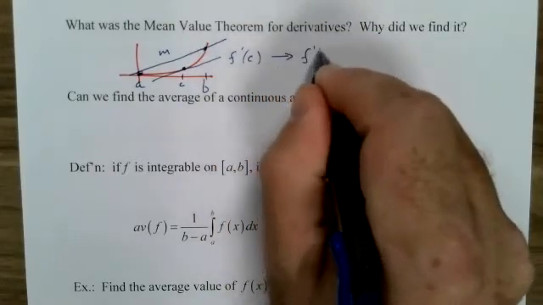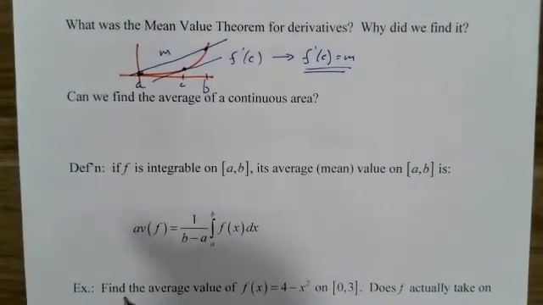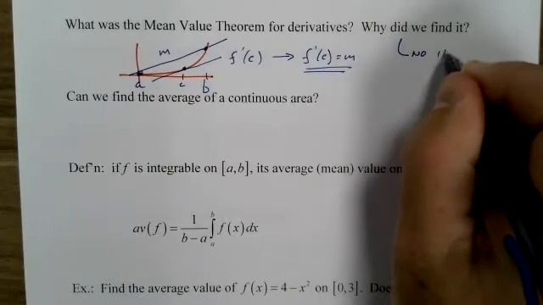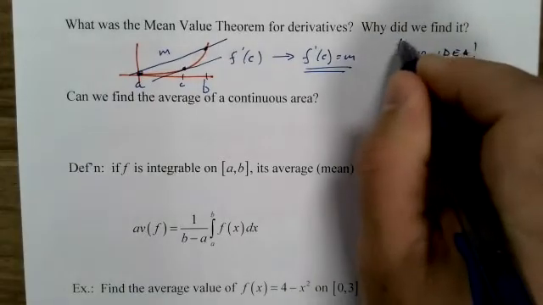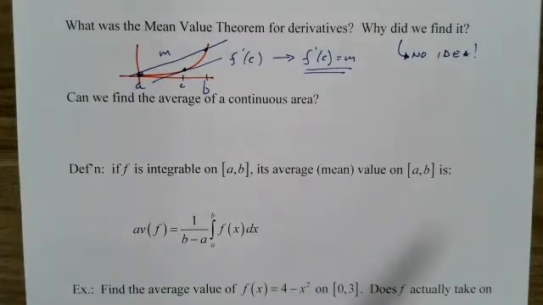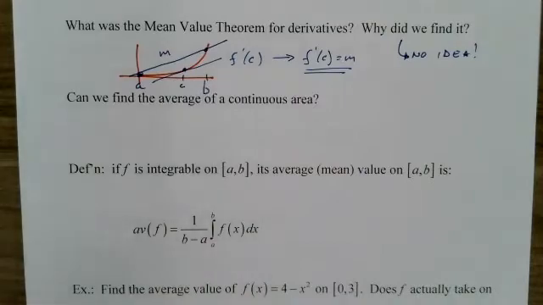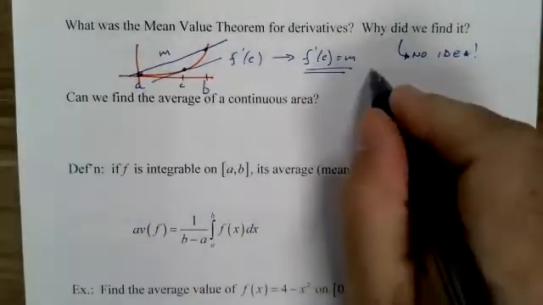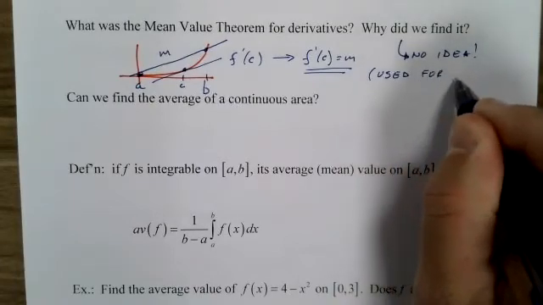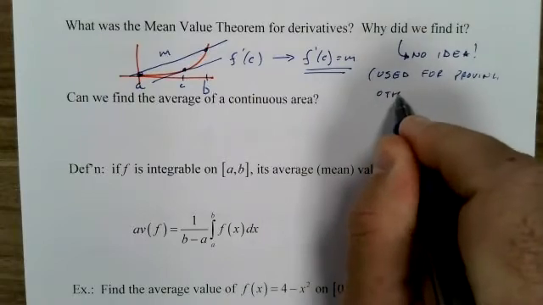We would say F prime of C is going to equal the slope at some C, something like that. It doesn't really matter. Why do we find it? No idea. My answer is the math teacher thing: they find it so they can write problems about it. All right, and they say it comes in helpful when we do increasing and decreasing. Yeah, I'm not really a believer in that, so we'll just say it was used for proving other things.